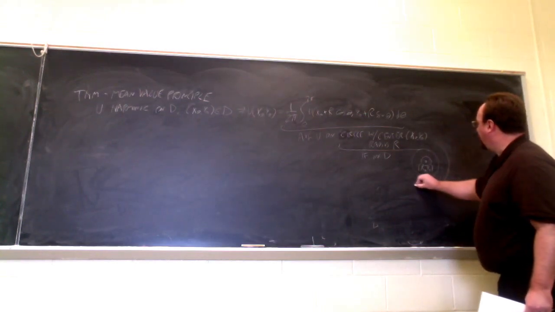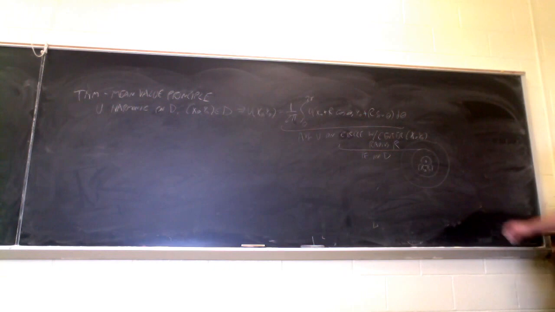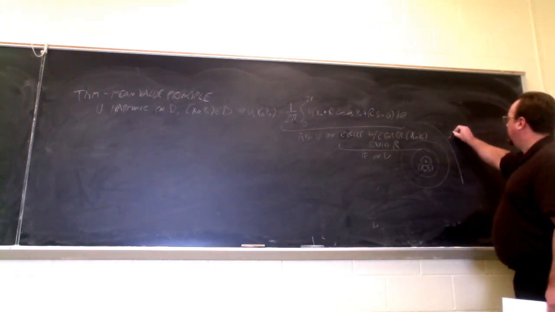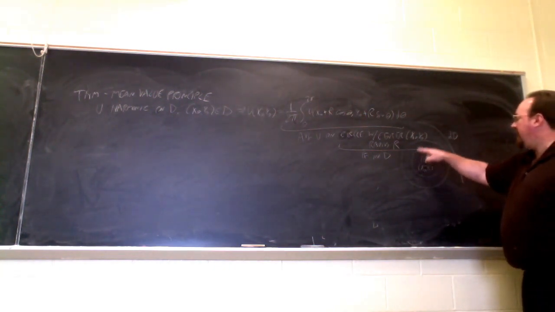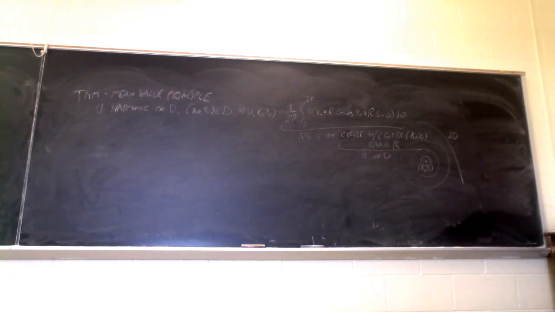As long as these circles are contained within your domain, so your boundary is out here somewhere, I can average u on any of these circles and get the same value at the center. So that's one property unique to harmonic functions.